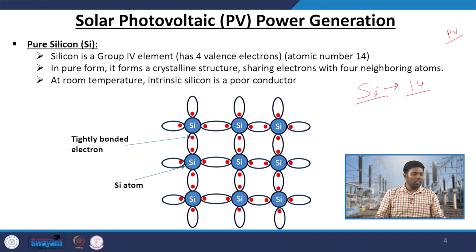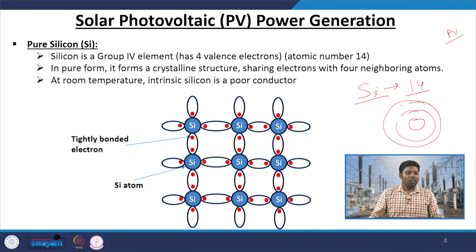We all know that for an atom, the nucleus has protons and neutrons, and surrounding the nucleus you have electrons in orbits. As far as the chemistry is concerned, you have a maximum of 2n² electrons in every orbit.